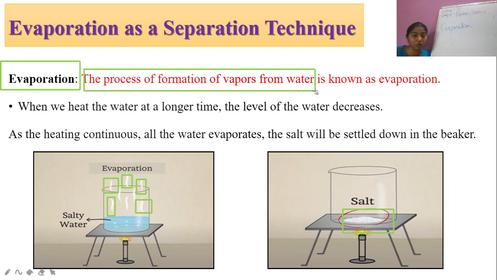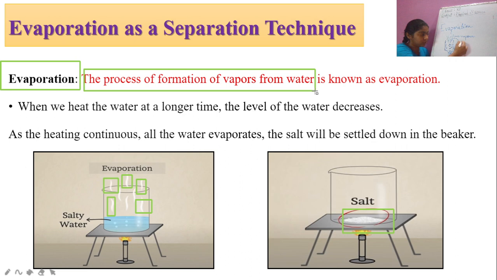Okay, so basically students, this is another form of evaporation technique. Whenever we add more salt, we can see that the salt is left behind after all the water has evaporated. So this is another technique of separating water from salt.